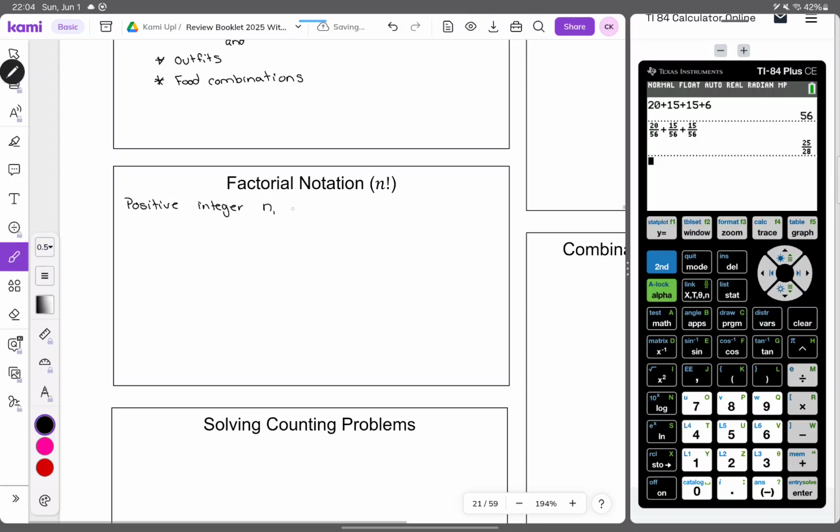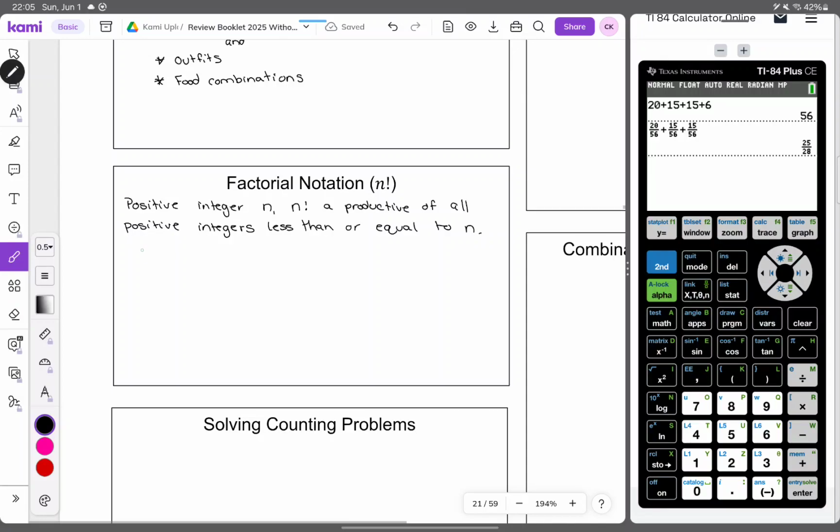An n factorial is just a product of all of the positive integers less than or equal to n.